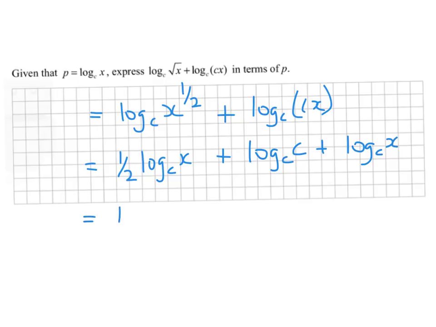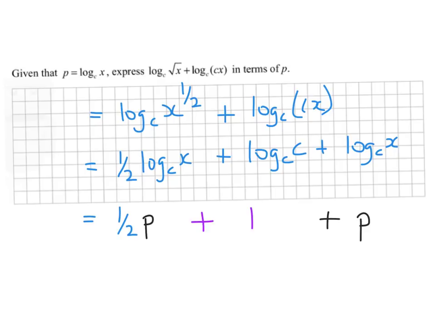So here I have a half, and I was told in the question P is equal to log C of x. So I have a half P. Over here I have a P as well, plus P. And this bit here in the middle, log C of C, well, I know that that is equal to 1. So I have a half P plus 1 plus P.